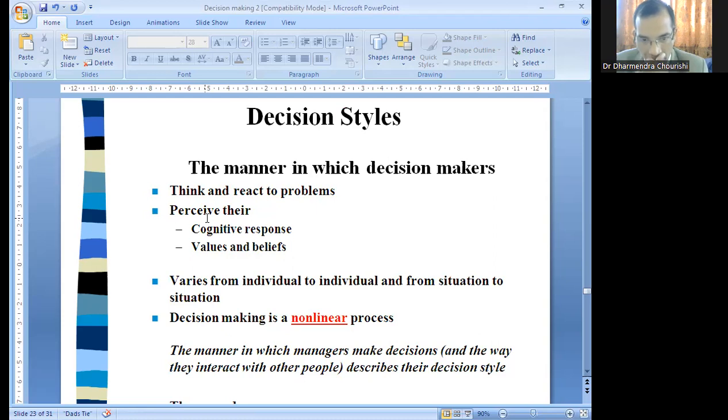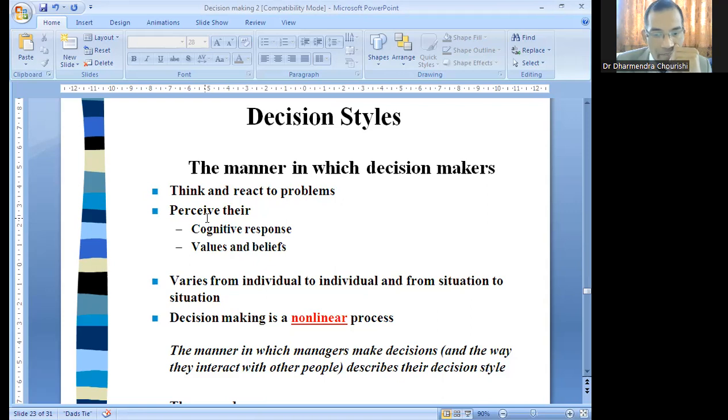Styles take various forms, individual to individual and situation to situation. So we cannot make a decision for a particular person, community, or organization. It should be considered for everyone, for all.